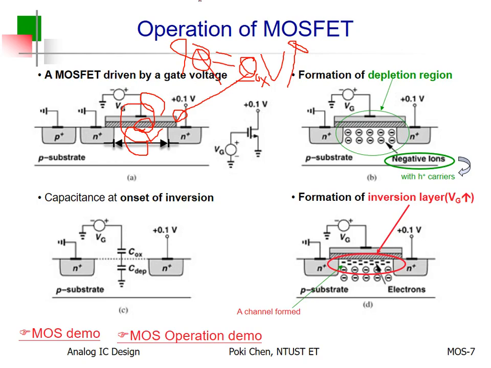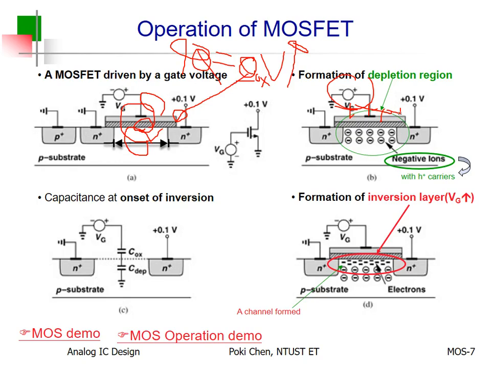Okay, bingo. So for MOS, if you apply positive voltage, you will have a lot of positive charges stored on the top. It means what? On the contrary, the same number of negative charges, free electrons, will be stored to the bottom.